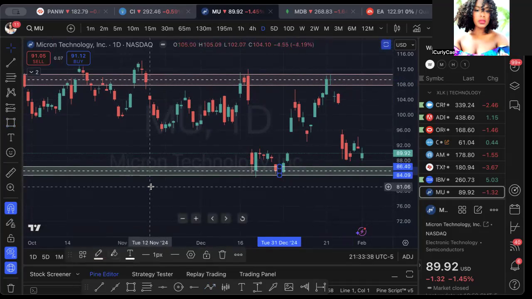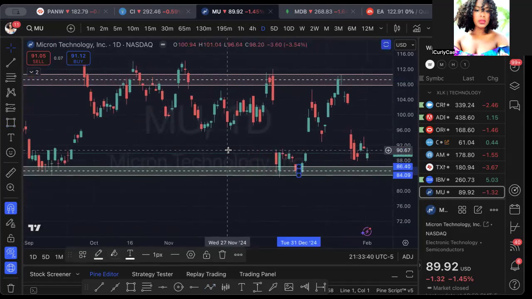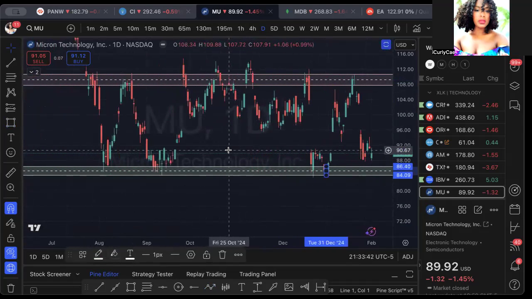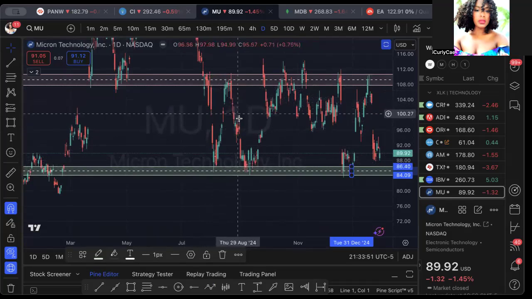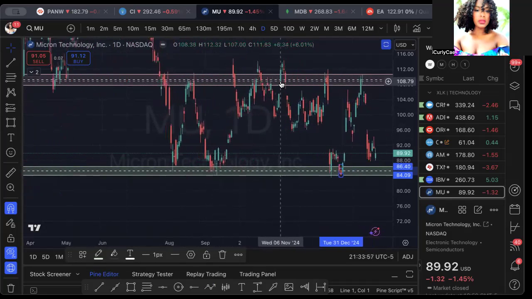Again, just like before, we're going to squeeze our chart in and see if it was historically respected, because that is very, very important. As you can see here, we pulled into this area, bounced up to the supply, pulled back into this area, and bounced right back up to the supply. So what does that say? Well, that tells me a story.